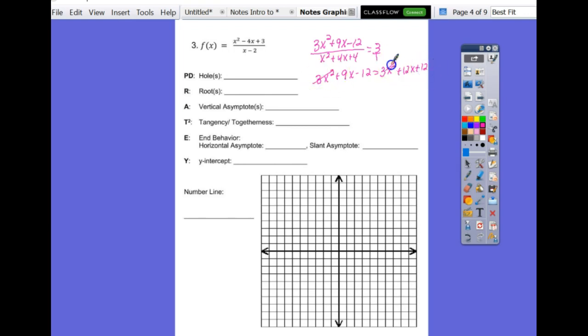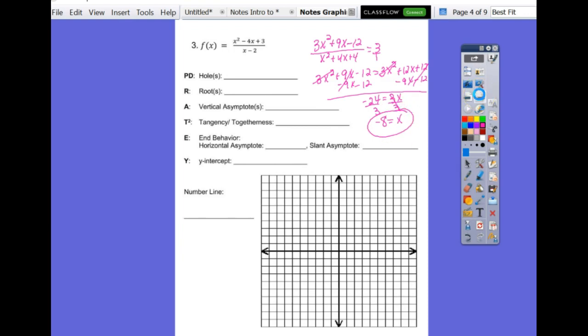So the 3x squareds cancel out. I'm going to subtract 9x, and then I'm going to subtract the 12. So I get 3x equals negative 24. When I divide by 3, what that tells me is that the function is going to cross the horizontal asymptote at x equals -8.